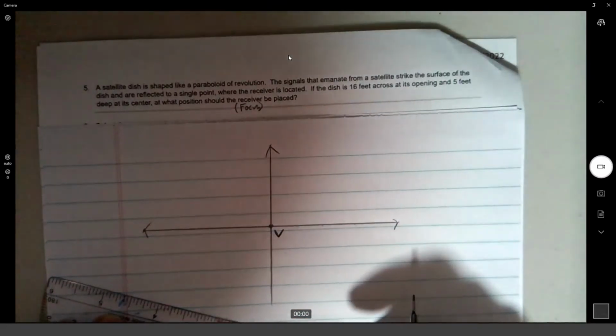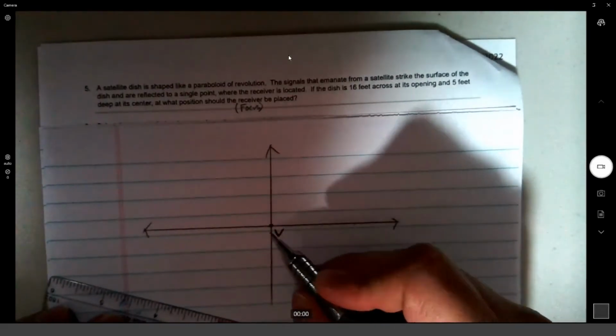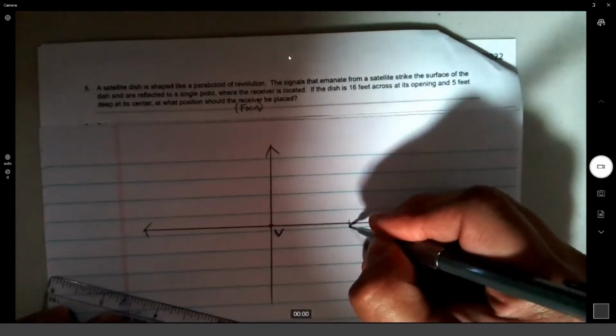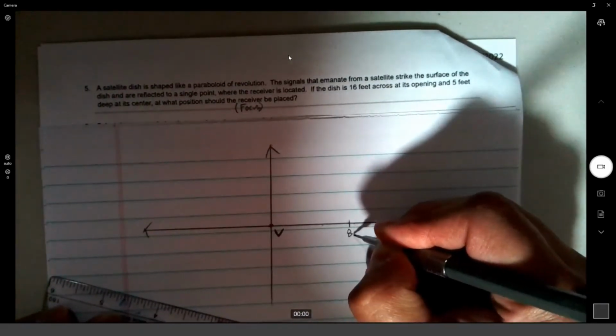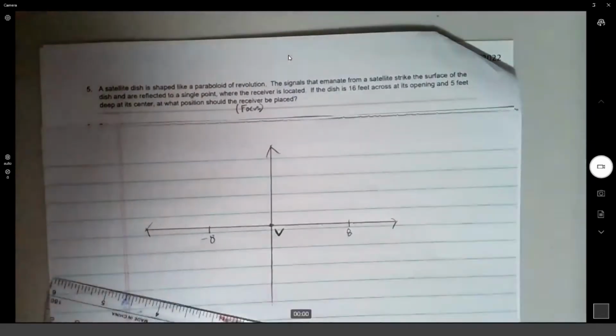It says that the dish is 16 feet across. So therefore, here we have 8, and here is -8. From here to here will be 16 feet.